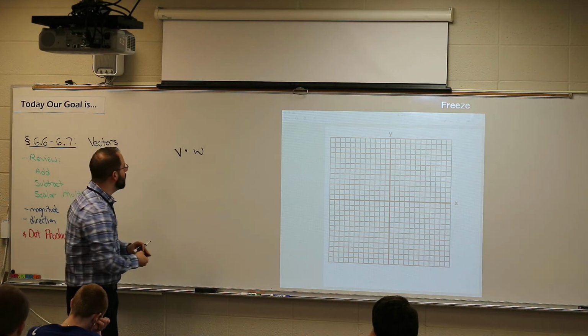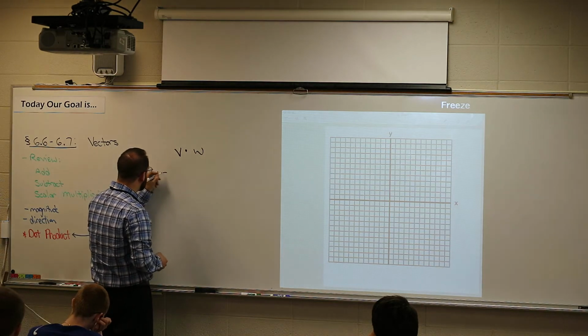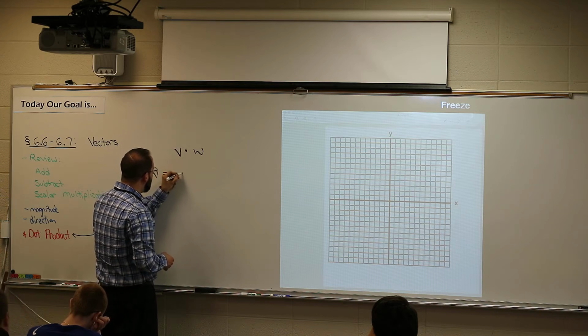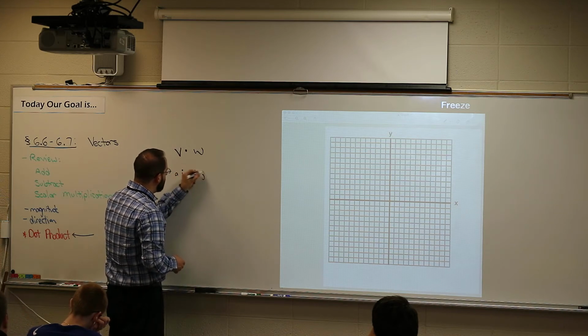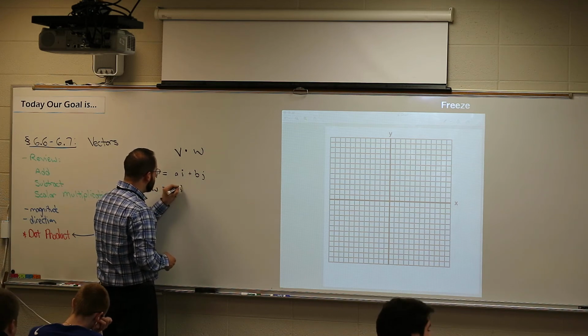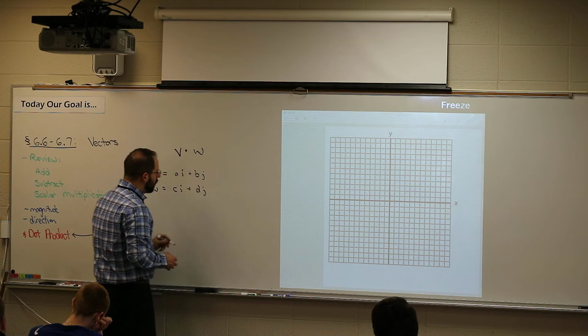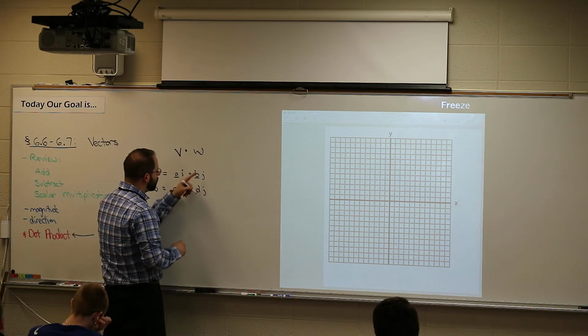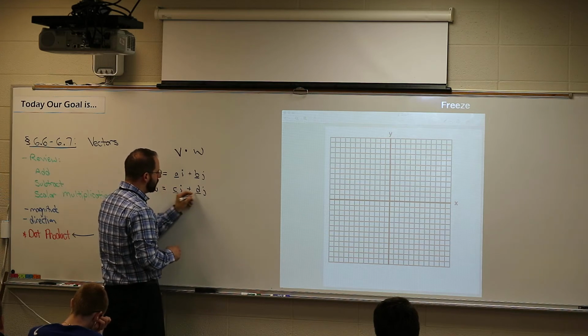I'll explain. Okay. So if vector v here, I'm just going to make up letters. So let's say that vector v is ai plus bj, and vector w is ci plus dj. So those are my vectors, right? The a is the i component, the b is the j component, the c is the i component, the d is the j component.